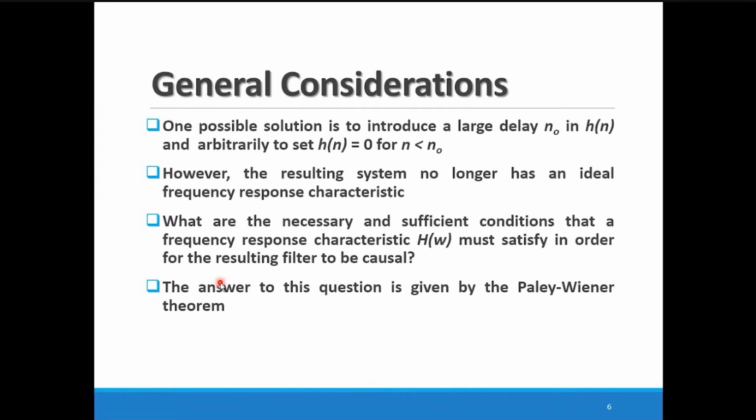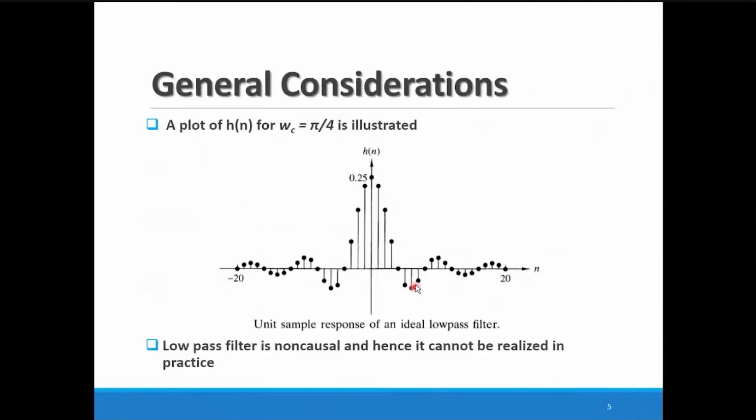If I want to implement that ideal low pass filter, one suggested solution is to introduce a large delay n0 in h of n and arbitrarily set h of n equal to 0 for n less than 0.